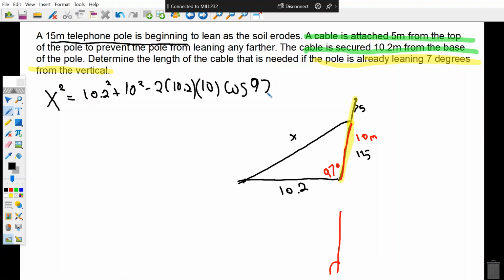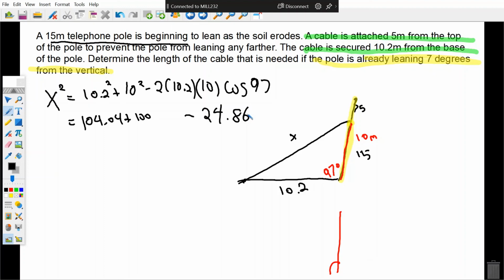Okay, now we start to solve that. 10.2 squared is 104.04. 10 squared is 100. 2 times 10.2 times 10 times cos 97 is negative 24.86. Okay, it goes on a little further, but we'll just keep those two decimals.